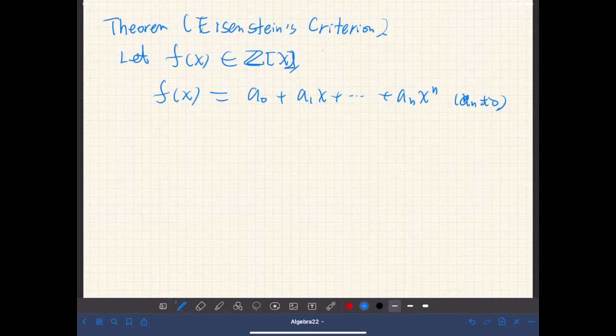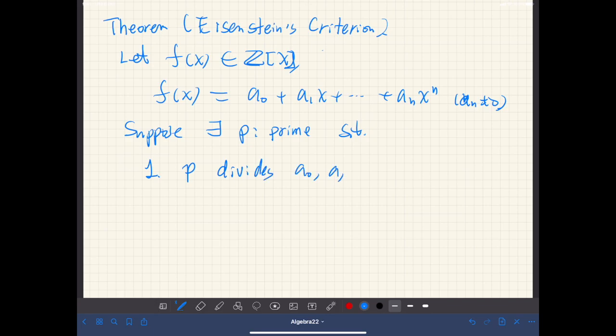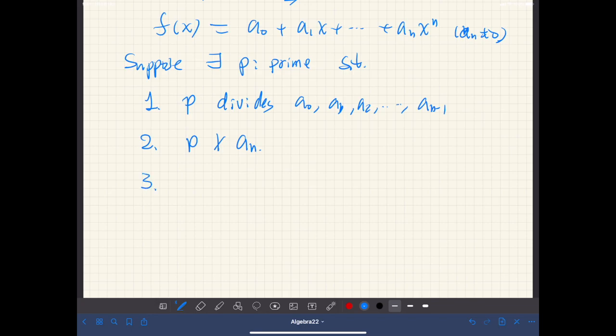And assume the following. Suppose there is a prime number p that satisfies the following three conditions. 1, p divides a0, a1, a2 up to an minus 1, and 2, p does not divide an, and 3, p squared does not divide a0.